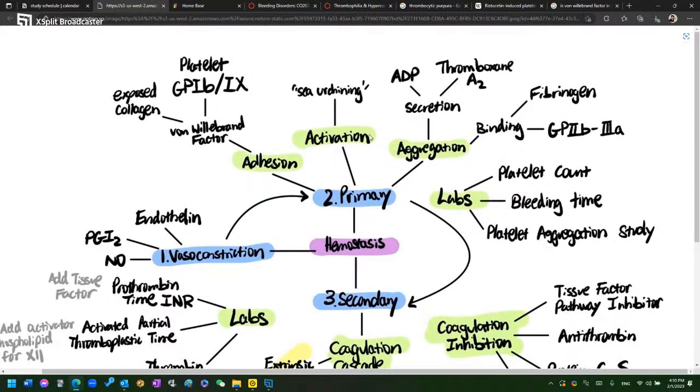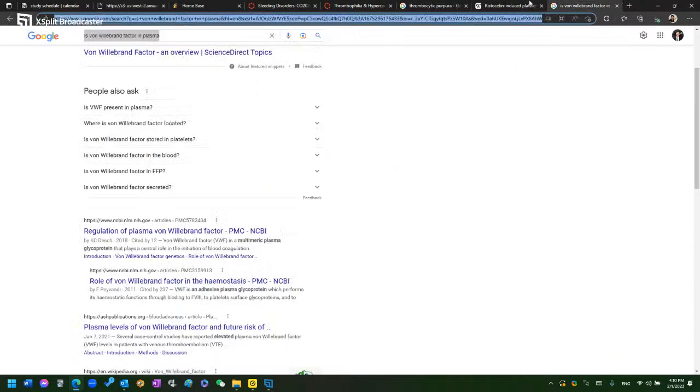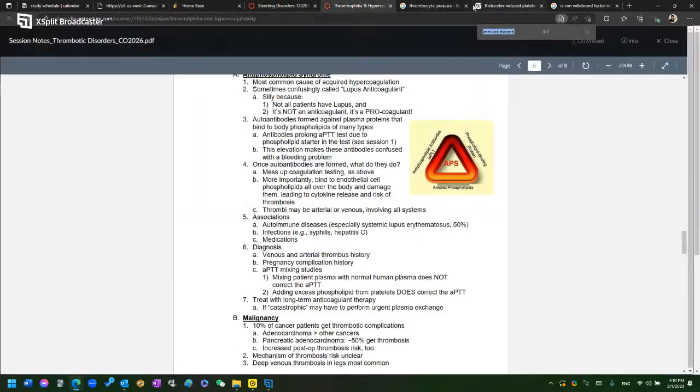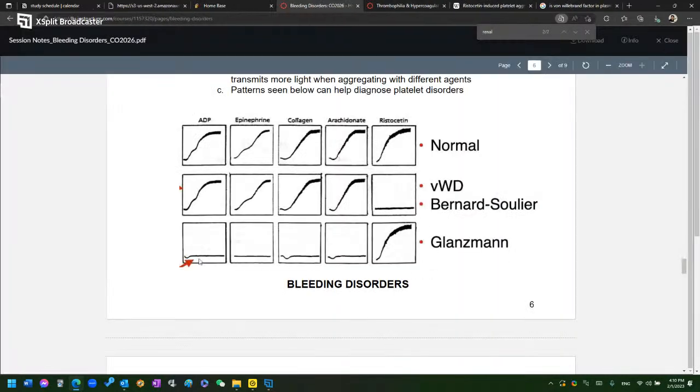So if we were to look at this, adhesion right here, von Willebrand's to GP1B. So this is what ristocetin is involved in, adhesion. Activation is separate. And then aggregation is when we have ADP, thromboxane. We have the serotonin that's not written in here. But it appears to me that all of these other ones are meant to increase your GP2B interactions with your fibrinogen.